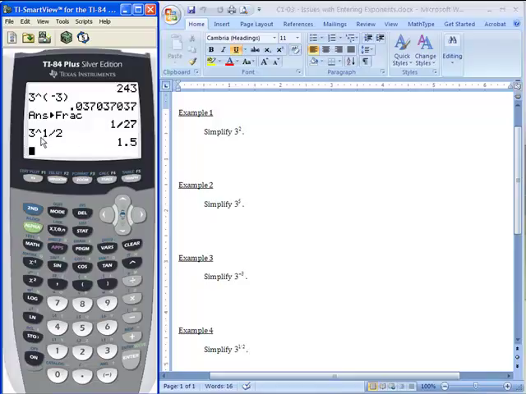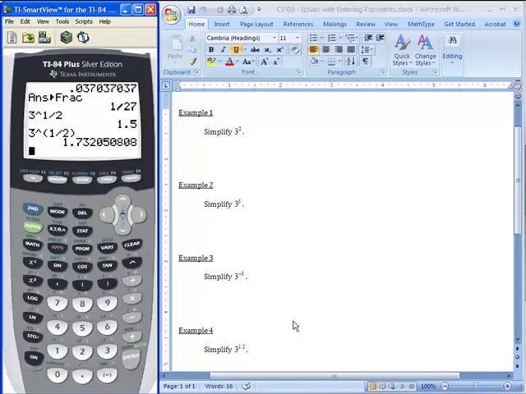If we really want the calculator to raise 3 to the 1/2 power, we have to force the calculator to do the 1/2 division first and then do the exponent second. And we'll use parentheses to do that. So we're going to take 3 and we're going to raise it. Now we're going to use a left parenthesis, put 1 divided by 2, and then we'll close on the right hand side and press enter.